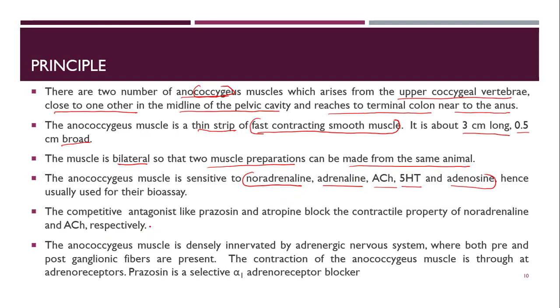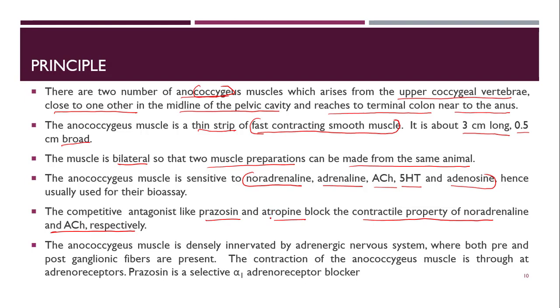Okay, so competitive antagonists like prazosin and atropine block the contractile property of noradrenaline and ACh respectively. In this case, we will be using prazosin as the antagonist and noradrenaline as the agonist. But in some other books, instead of prazosin they have used atropine, and noradrenaline is replaced with ACh.